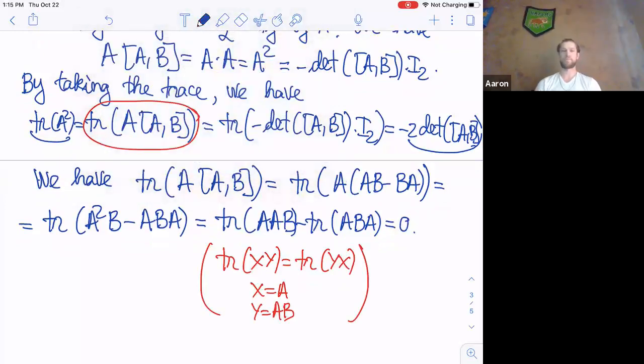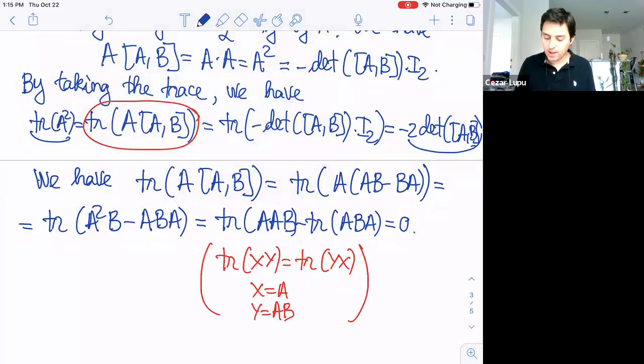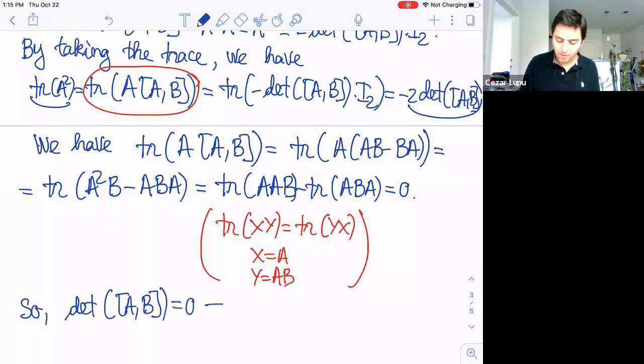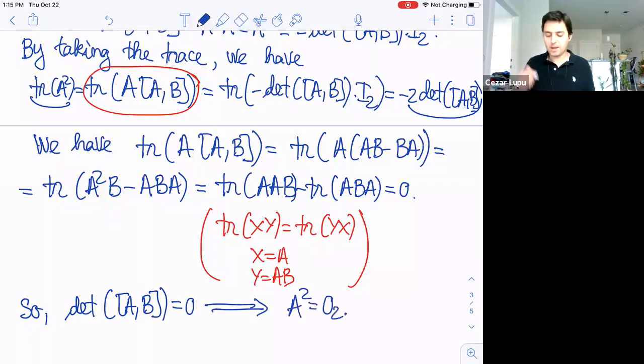And now, since this is 0, it follows that the determinant of the bracket AB is 0. Finally, this implies that A squared is 0 by Cayley-Hamilton.